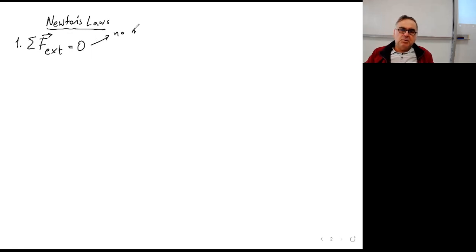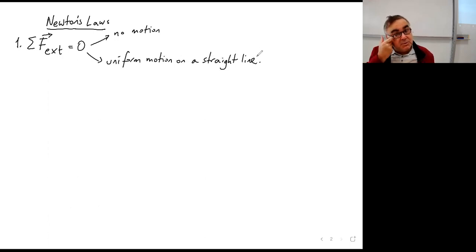You either have no motion, or if there is a motion, it is a uniform motion on a straight line. The object either does not move or it moves with constant velocity on a straight line.